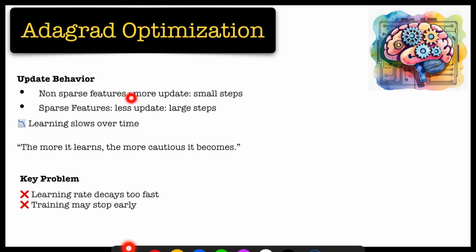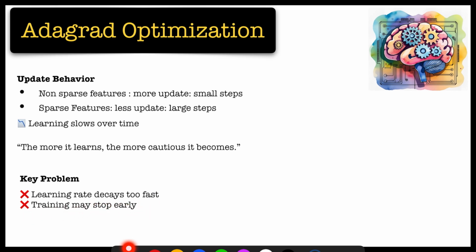Non-sparse features will have more updates, so we'll take small steps. Sparse features will have fewer updates, so we'll take larger steps. Learning slows over time, of course. The more it learns, the more cautious it becomes. The key problem with AdaGrad is that the learning rate decays too fast. The training may stop early.